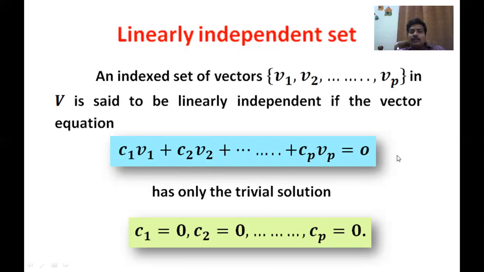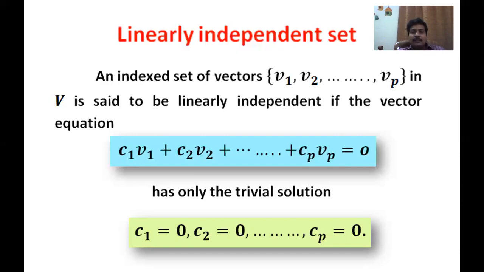Let us take the 0; in our vector space, 0 is 0. Now I have to find non-zero c1 and c2 so that the relation c1 times 5 plus c2 times 2 is equal to 0.